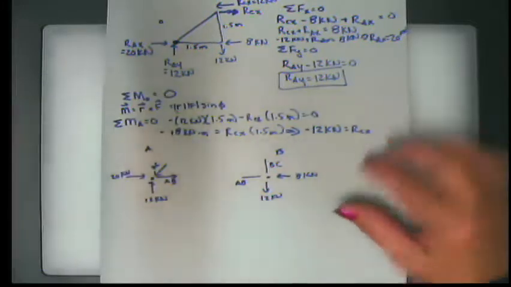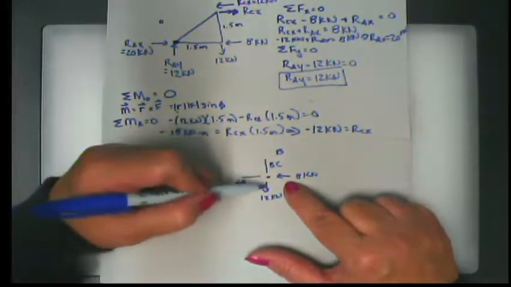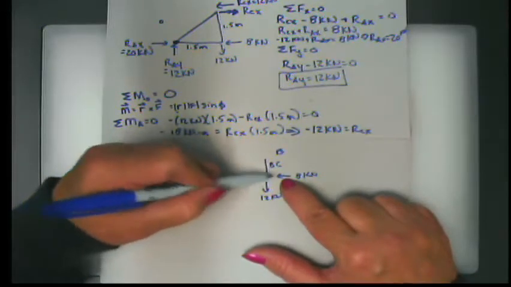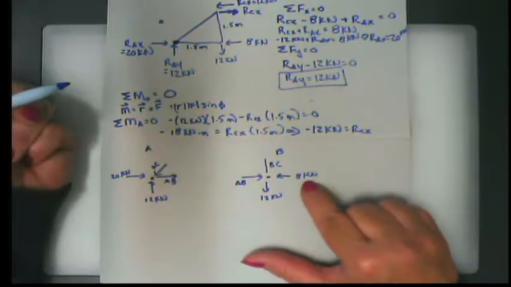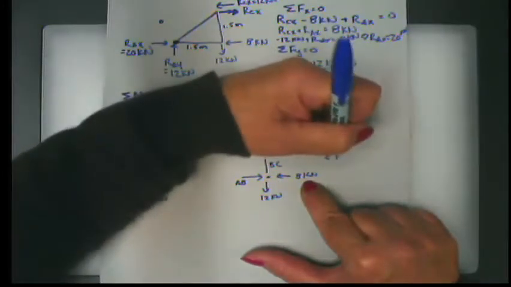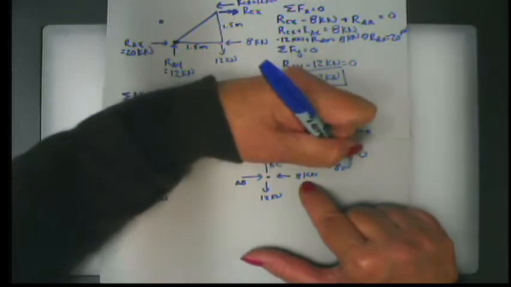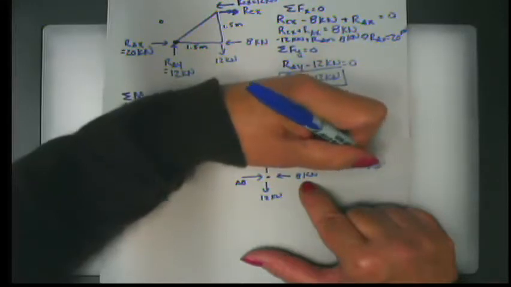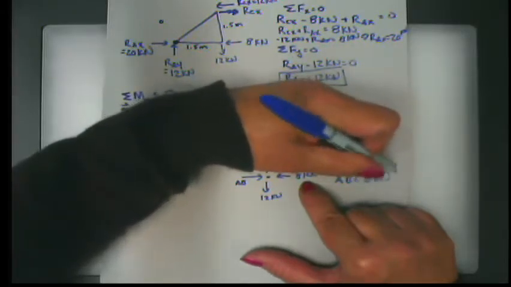All right, well, we kind of luck out here at joint B, because what do you see? This and this are purely horizontal. If this goes to the left, this has to go to the right. And just because the summation of forces in the x direction only has two parts, we have negative 8 kilonewtons plus AB equals 0, and we get that AB is equal to 8 kilonewtons.